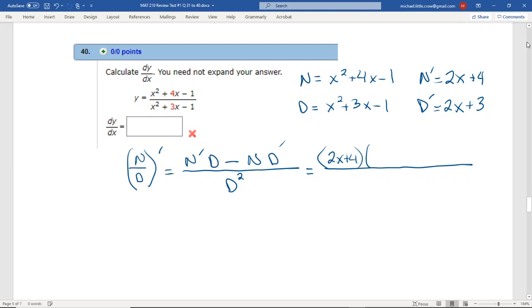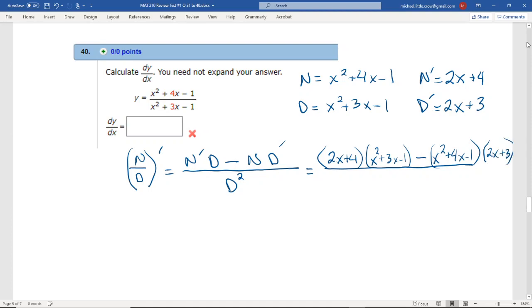The denominator unchanged is this trinomial, minus the numerator unchanged, x squared plus 4x minus 1, times the derivative of the denominator, 2x plus 3.